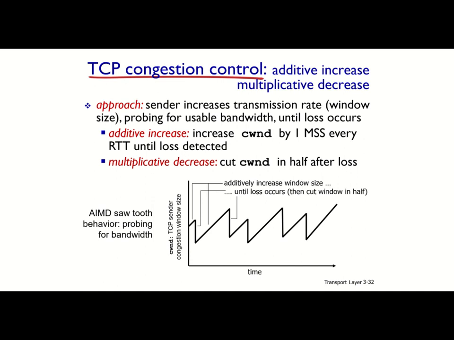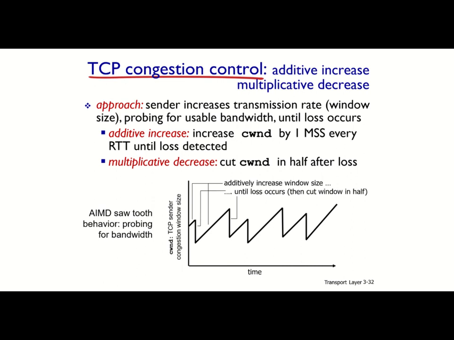We call it additive increase. It increases CWND by one maximum segment size, which we call MSS, which is the unit of measurement of data that is sent by the TCP protocol.